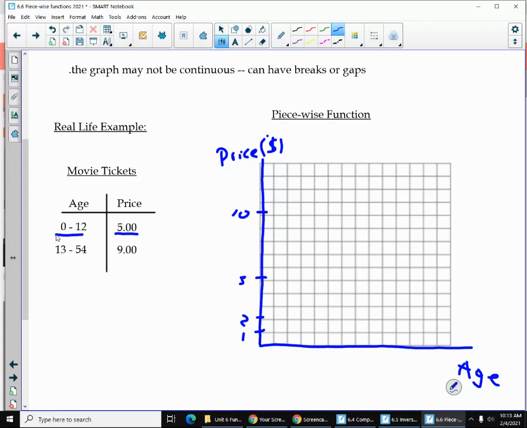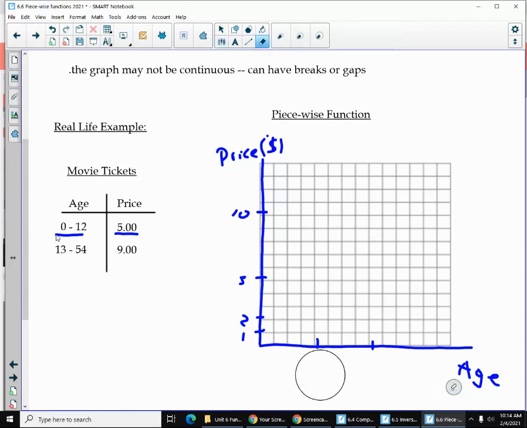And for the age, I need to somehow fit 54. If I go by 1, I don't have enough space. One way to do this is maybe 4 boxes will represent 10 units. So this will be 10, this would be 20.